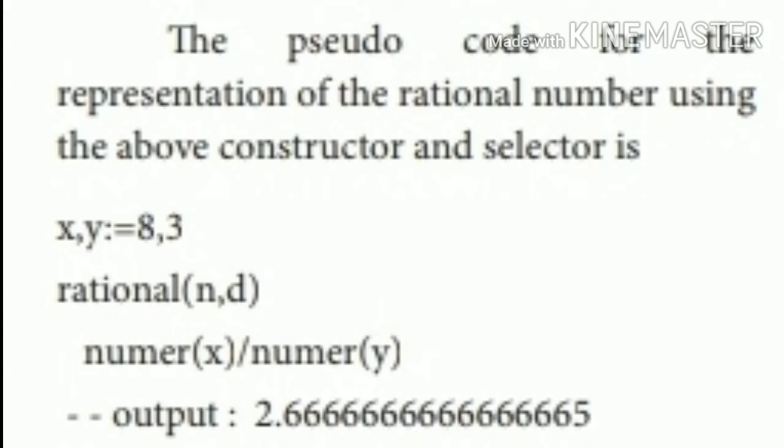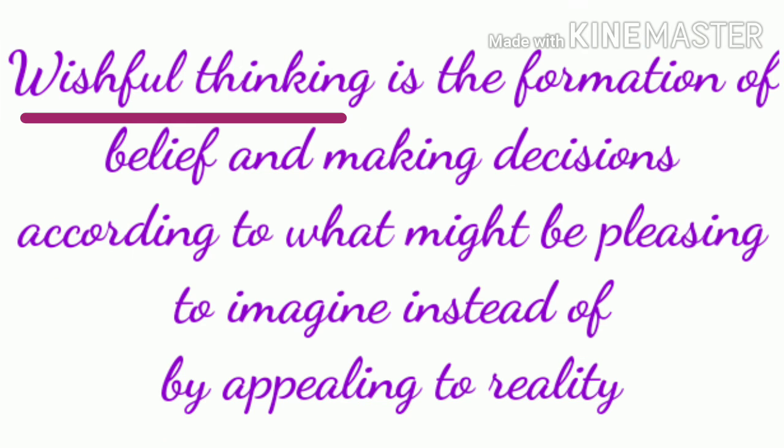So numer of x over denom of y is 8 by 3. So the output is 2.666 and so on. Here we are using the strategy wishful thinking. What do you mean by wishful thinking? It is the formation of beliefs and making decisions based on what might be pleasing to imagine instead of appealing to reality. This is one of the techniques for designing programs.